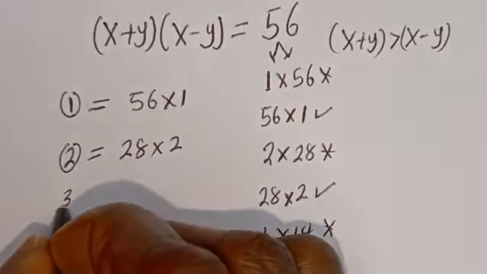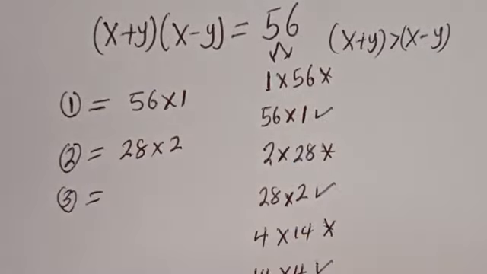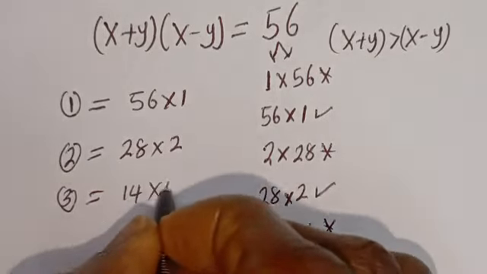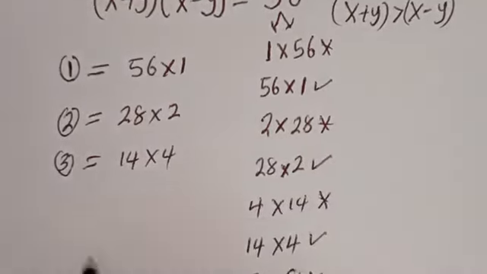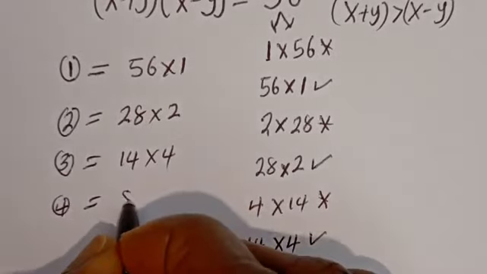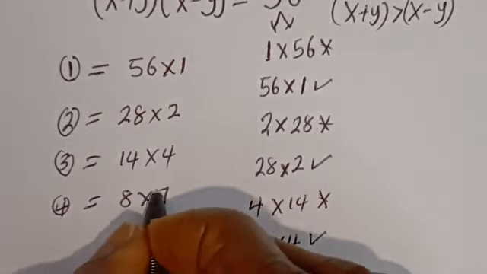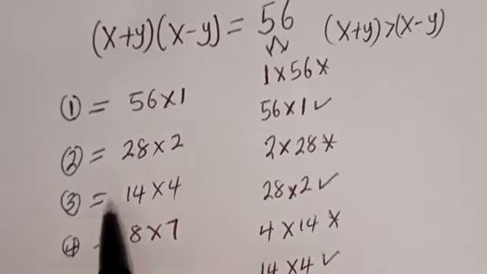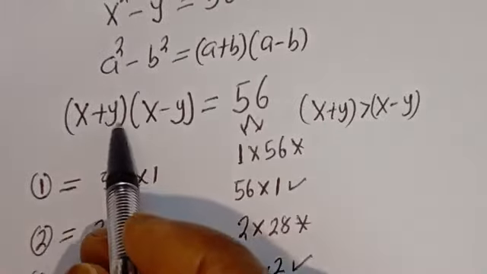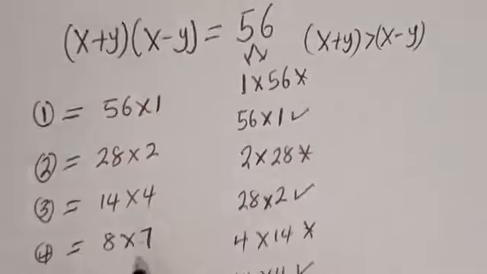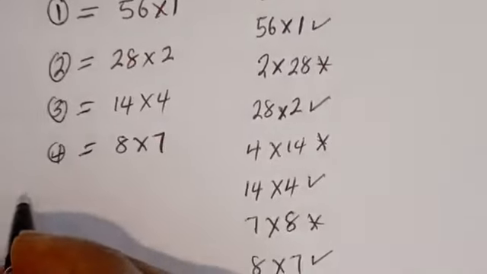Then third case is equal to 14 multiplied by 4. And then fourth case is equal to 8 multiplied by 7. Now from here, we can see that we have (x plus y)(x minus y), which is equal to 56. So let's consider the first case.